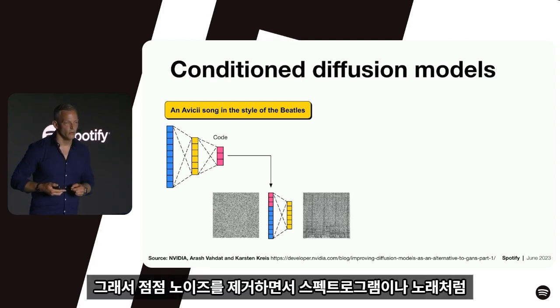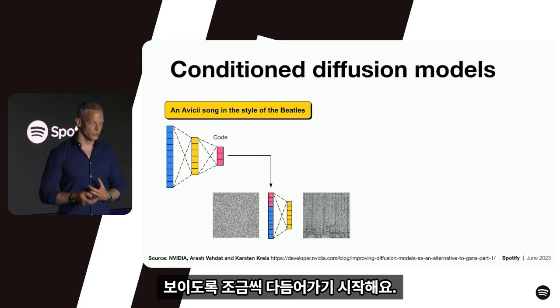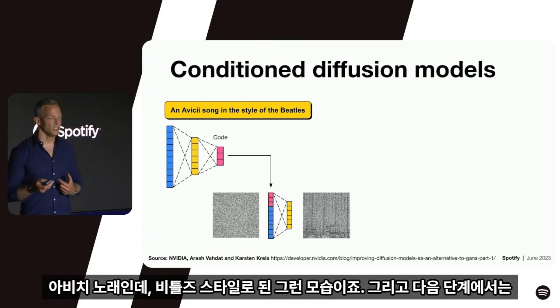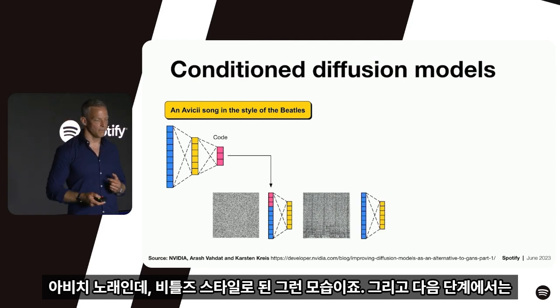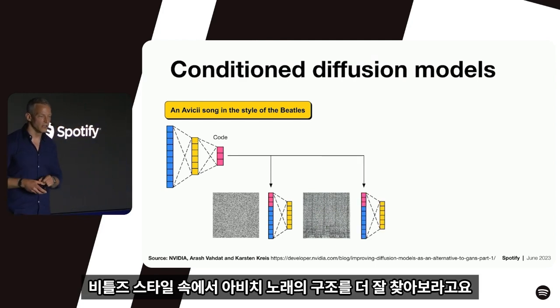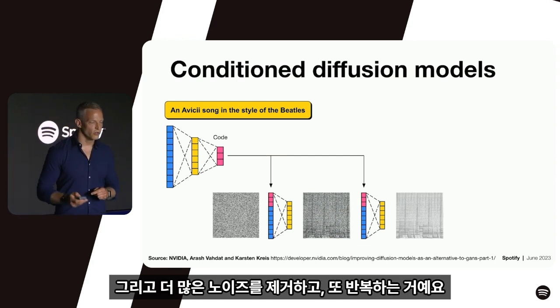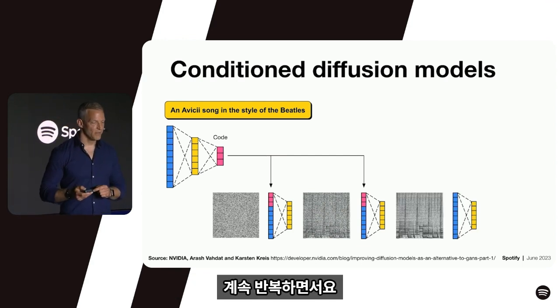So it's going to remove noise that makes it look a little bit more like a spectrogram or song of Avicii in the style of the Beatles. And at the next step, we give it the same clue and say, try harder. Try to really look for the structure of an Avicii song in the style of the Beatles. Remove some more noise. And we do it again, and we do it again.